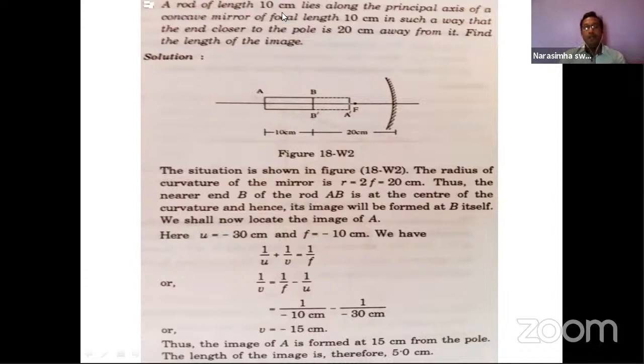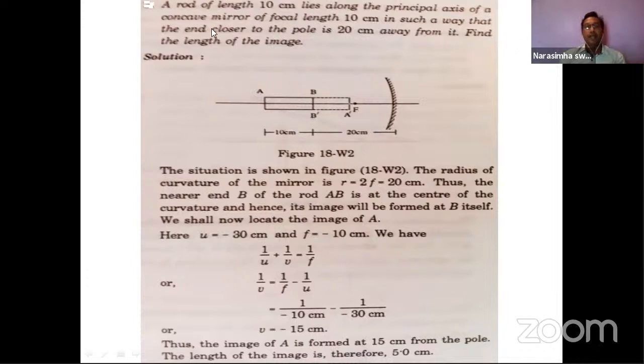A rod of length 10 centimeters lies along the principal axis of a concave mirror, and the focal length is given as 10 centimeters, right?